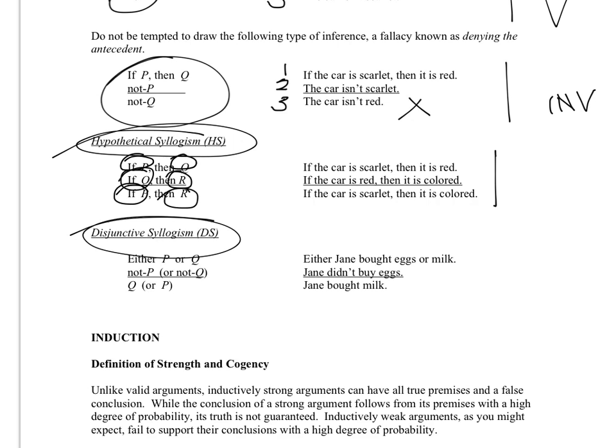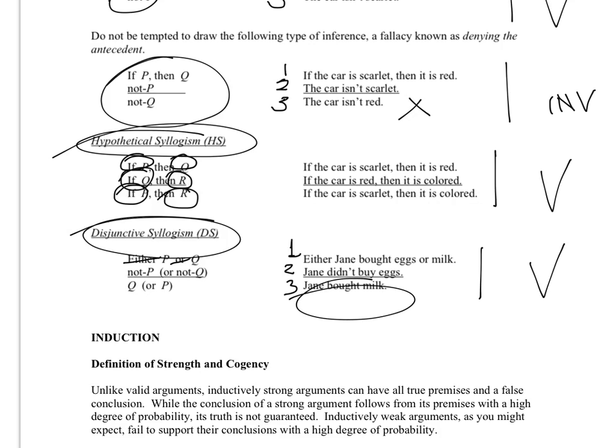A disjunctive syllogism is where you have a disjunction. In other words, it's an either-or statement, which is illustrated by: either Jane bought eggs or milk. In other words, she bought one or the other. If we find out that she didn't buy eggs, then given this, this would have to follow. So again, these are illustrations of valid argument forms.